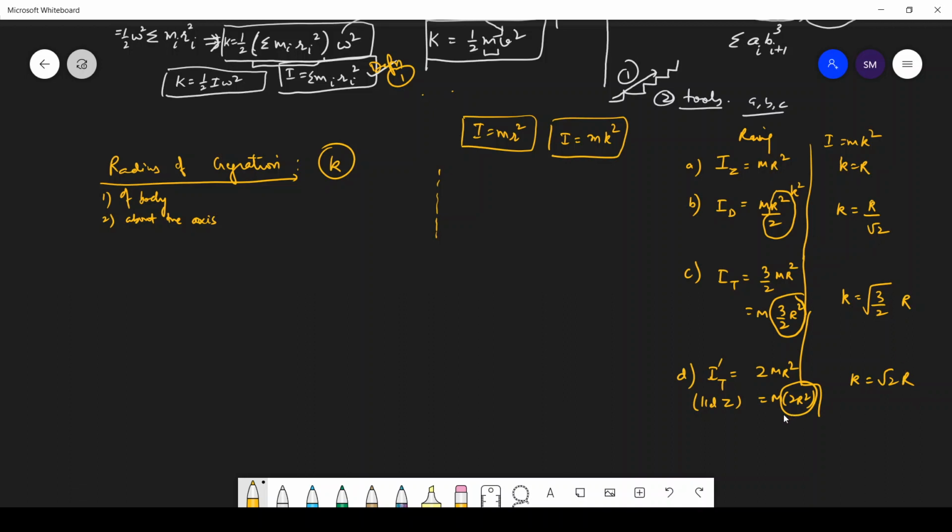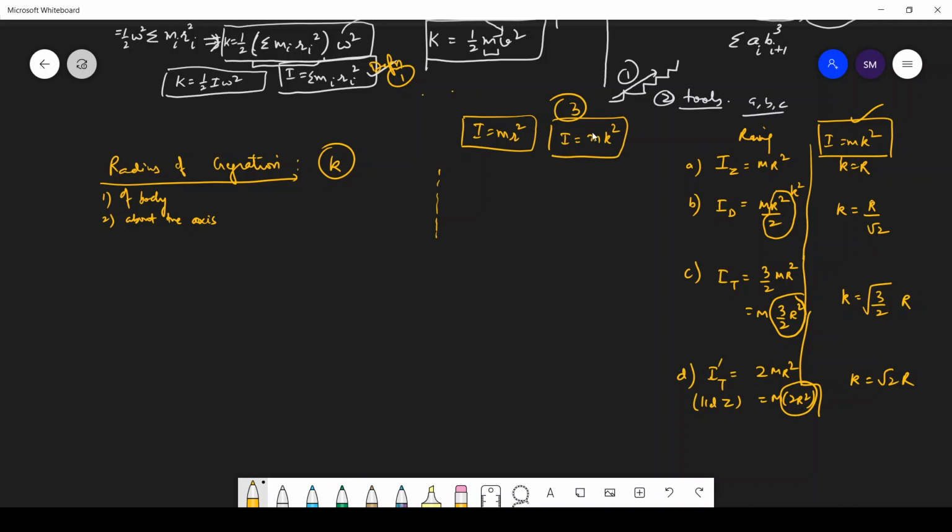So students, you have understood. So for all of these, this is the third form of writing moment of inertia, another way of writing the moment of inertia.